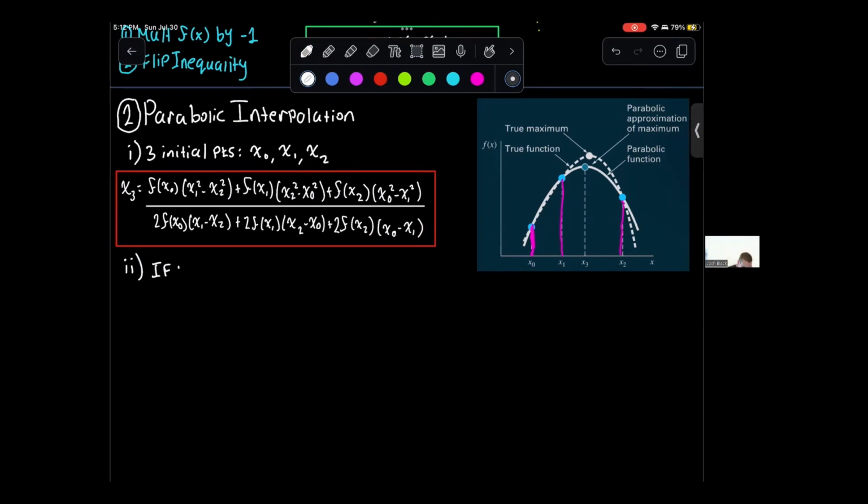If my x3 is at a spot on the x-axis greater than x1, then here's what happens. My new x0 is going to be my old x1. My new x1 is going to be x3. And x2 is the same.